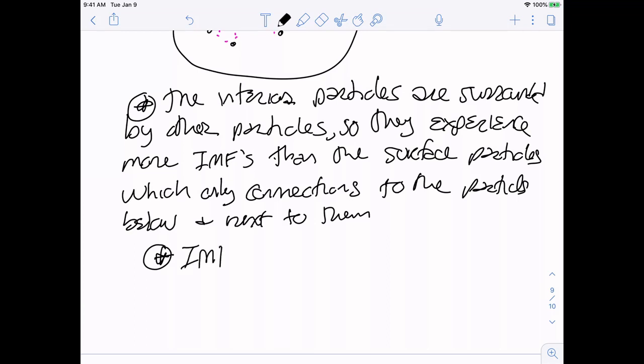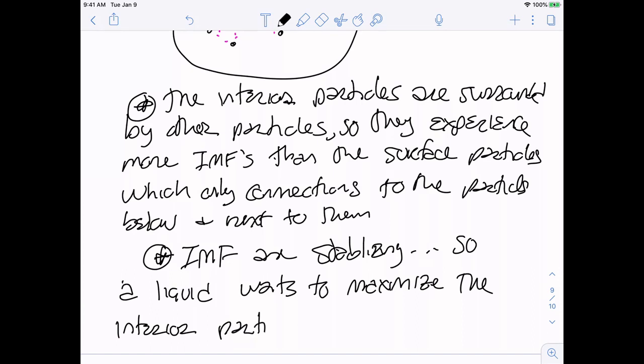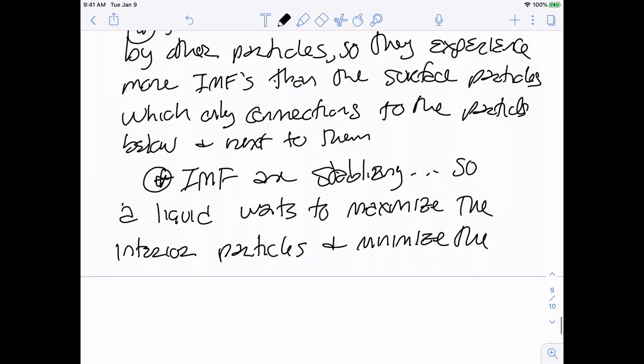Intermolecular forces are stabilizing, so a liquid wants to maximize the interior particles and minimize these surface particles.